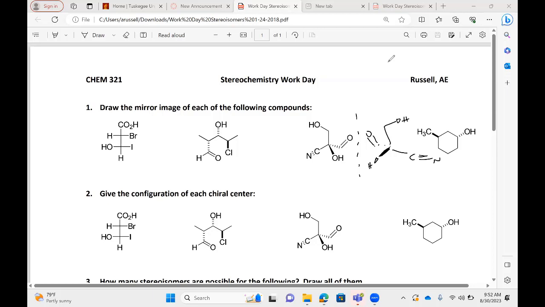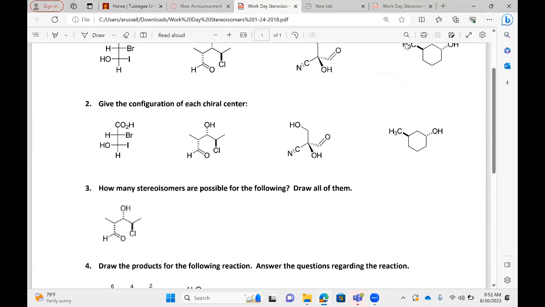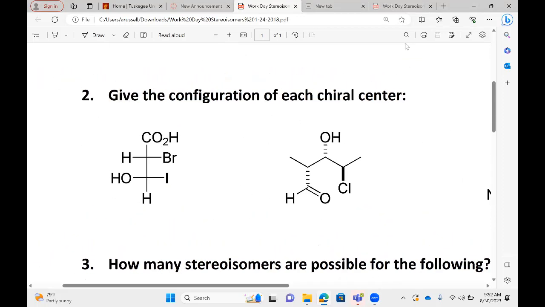If you watched the video for the Fischer projections, then this should not be Chinese or Greek, right? What is it about Fischer projections that we need to remember? There's one rule we need to remember because everything else is the same. Prioritizing, counterclockwise, clockwise, none of that changes. What's the one rule we need to remember?